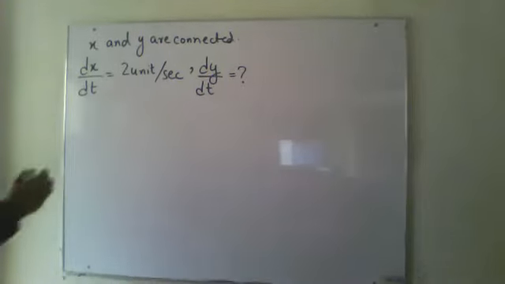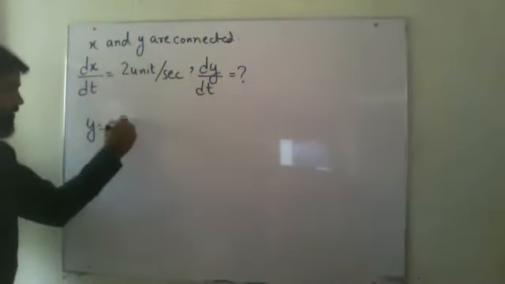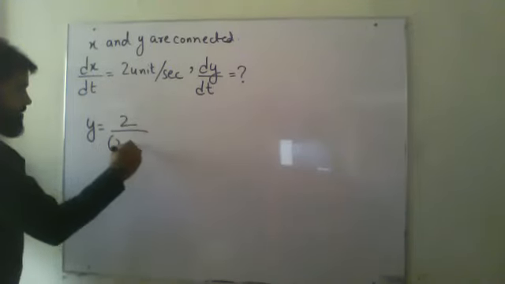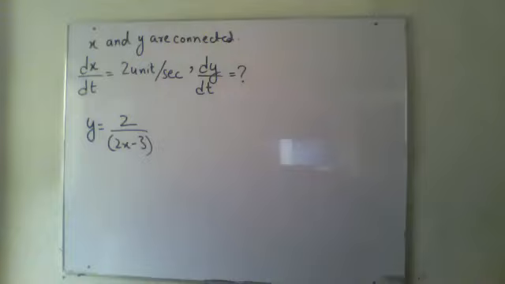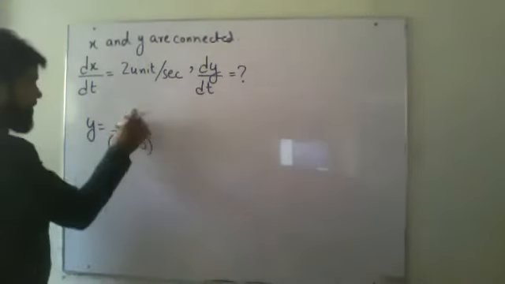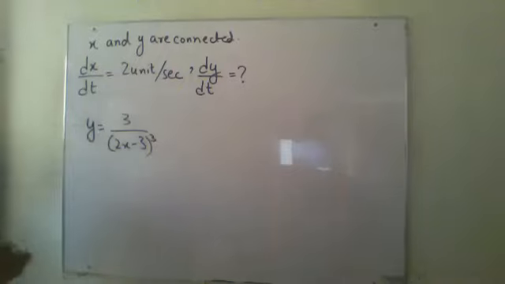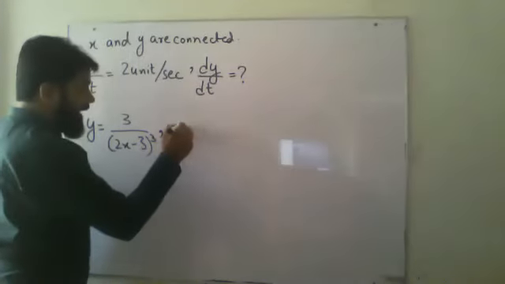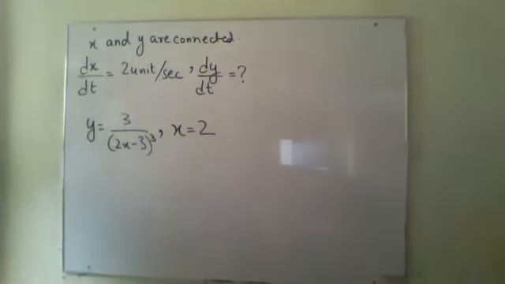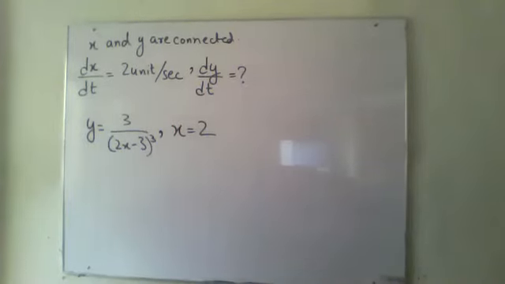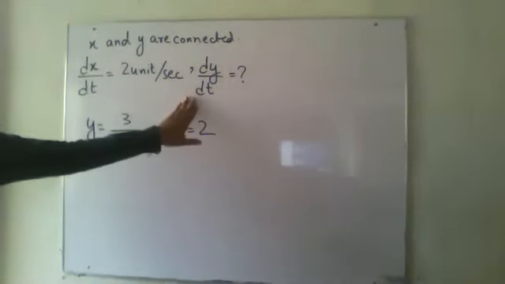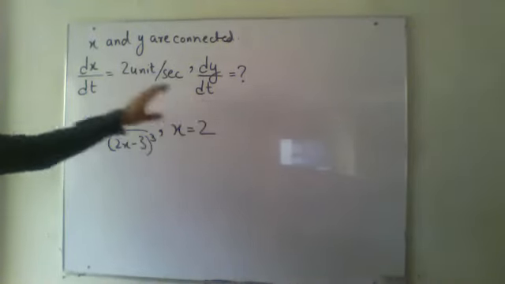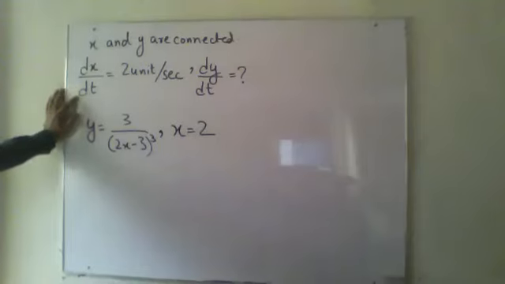I'm using this one, y equals 3 over (2x minus 3) whole cube, and x is given to me as 2. Okay, x is given to me as 2, and they are telling us to find dy over dt when dx over dt is given to me.